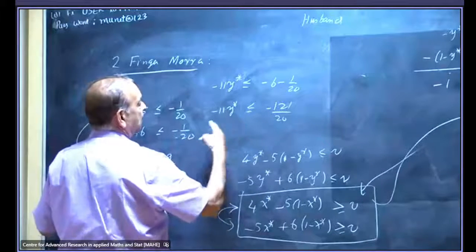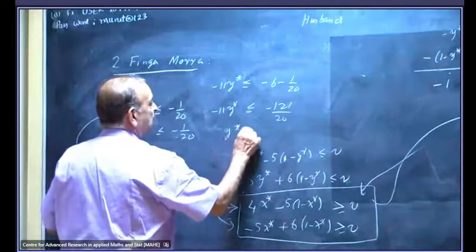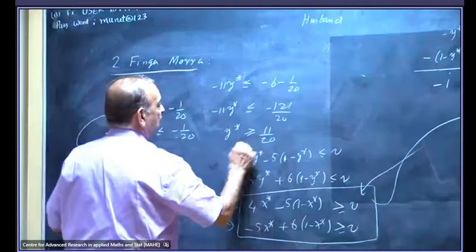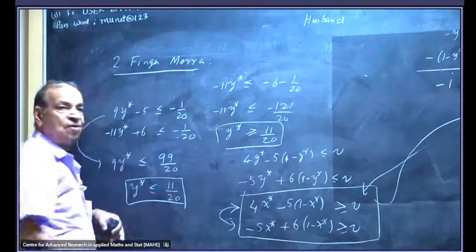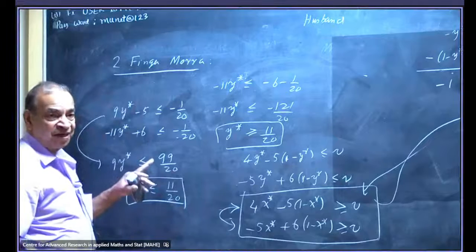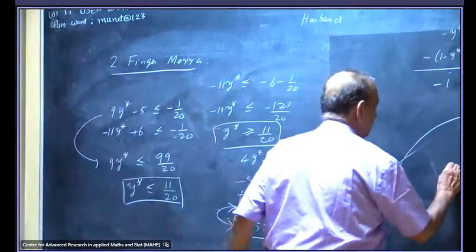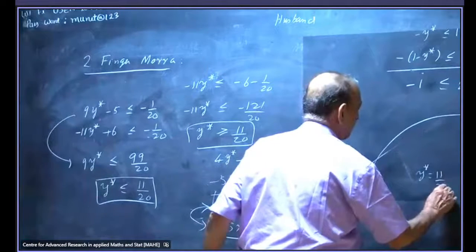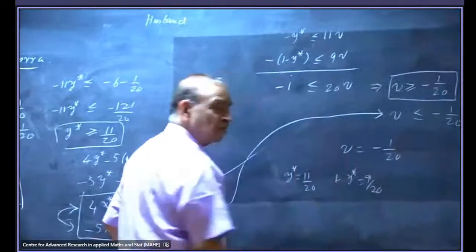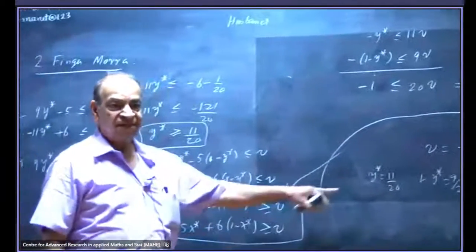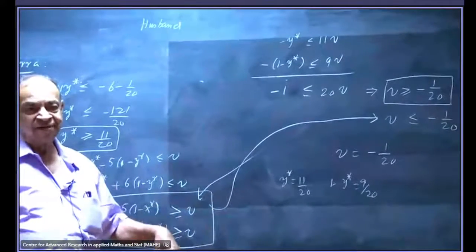So when I divide by a negative sign, the inequality reverses. So y star must be greater than or equal to 11 over 20. So y star must be 11 over 20. 1 minus y star is 9 over 20. That is the good strategy for the column player.